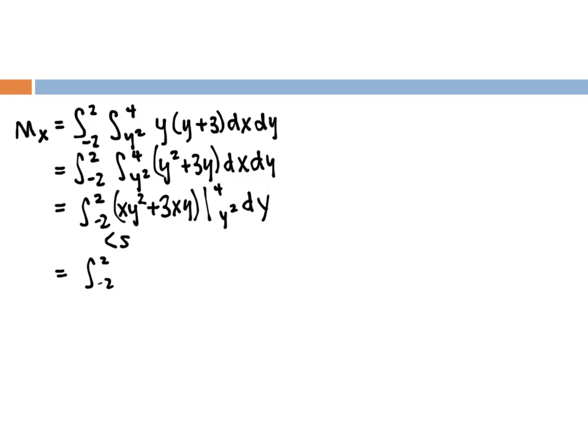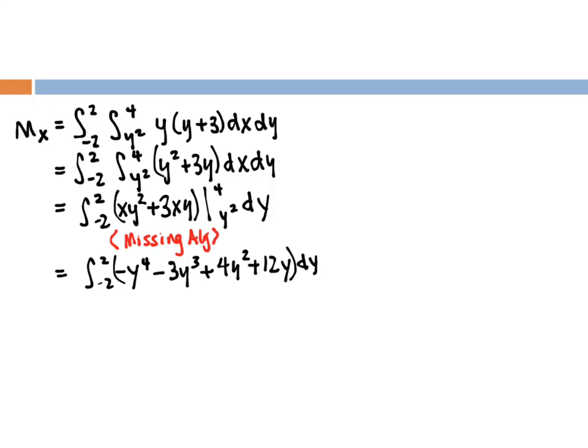There's missing algebra that you would fill in if you're working the particular problem. The result is that I get negative y to the 4th minus 3y cubed plus 4y squared plus 12y dy.